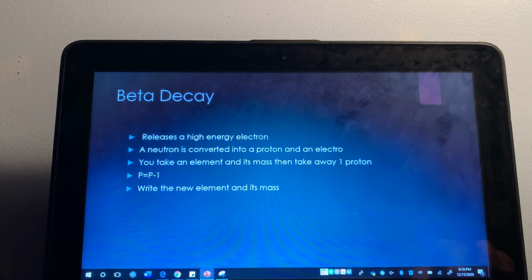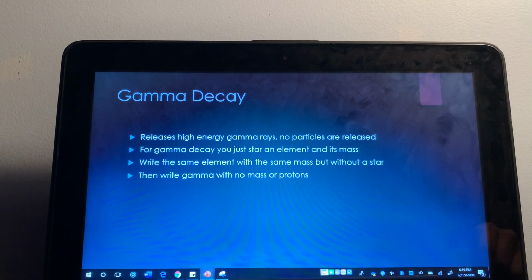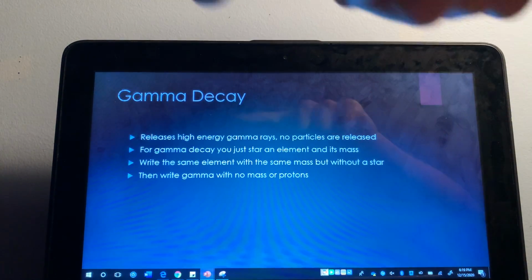Our final one, the easiest to understand, is gamma decay. It releases high energy gamma rays, but no particles are released. So the mass and the identity stay the same. You'll have an element and its mass, and you star it. Then you draw your arrow, and then you draw a gamma symbol, which looks like this.